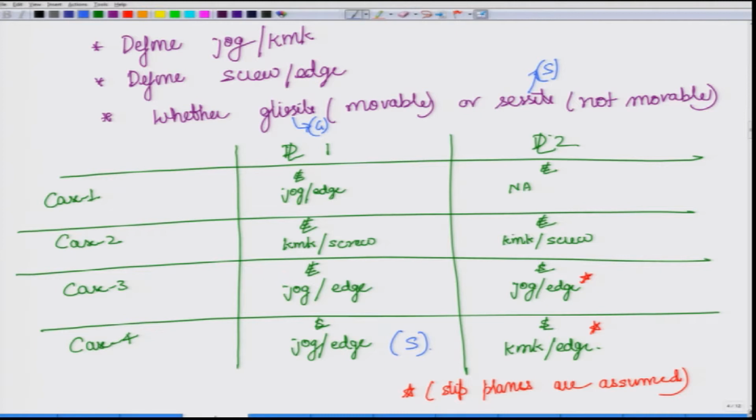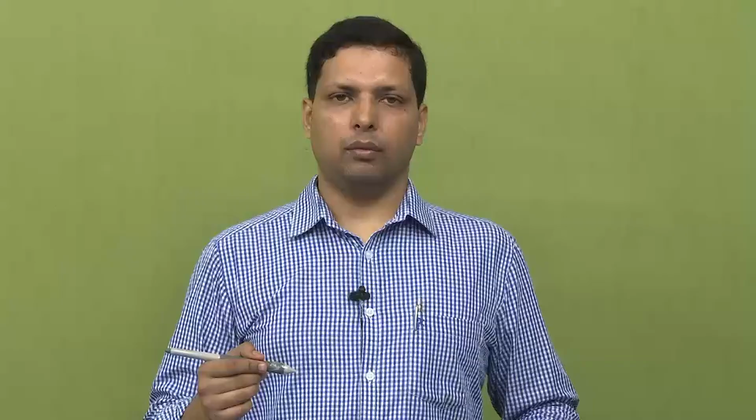So, these two are sessile, and all the remaining ones are glissile. I will not mention it over here, but by default you should understand that the rest are glissile. So, whenever a jog forms in a screw dislocation, it will be sessile and it will lead to pinning of the boundaries.